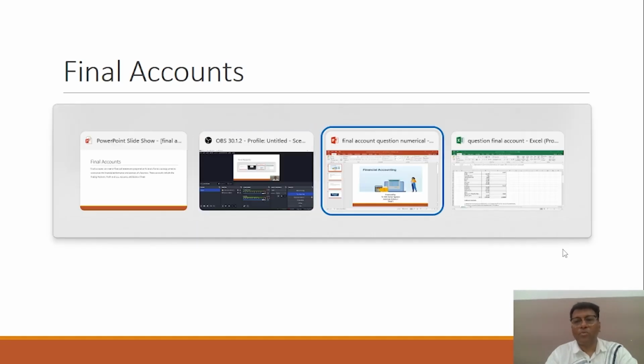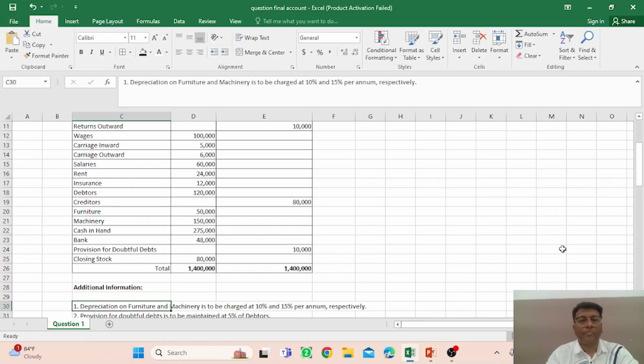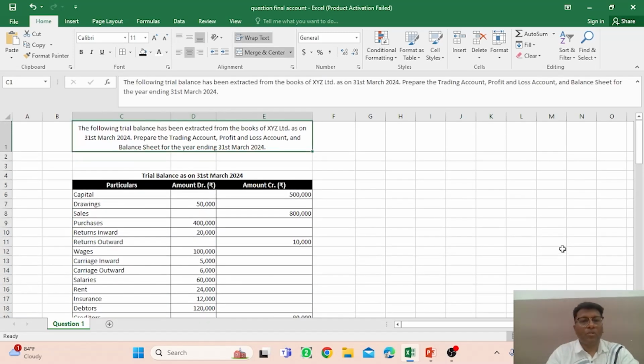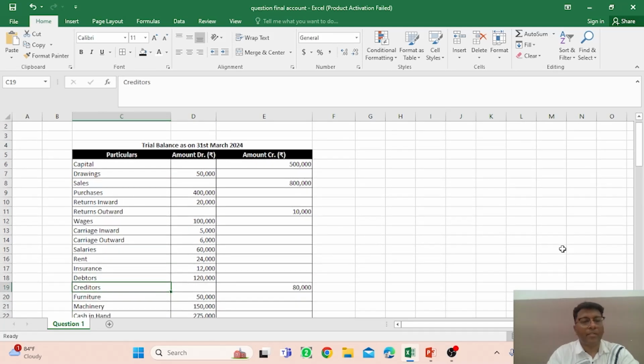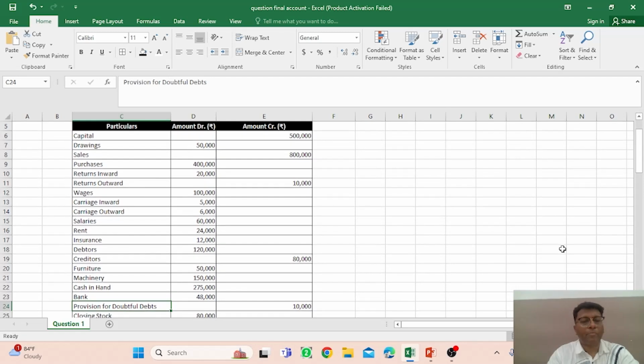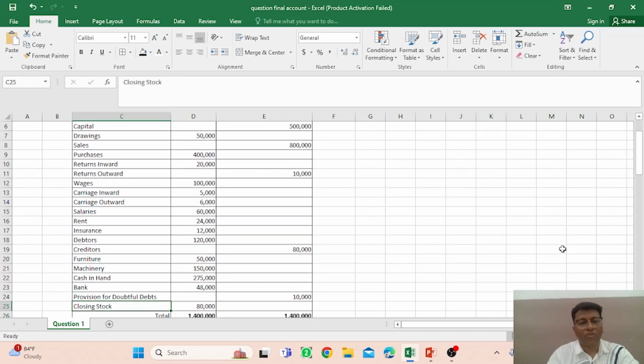So we come to solve the numerical question in Excel. This is the trial balance as on 31st March 2024, with these items, as you can read: capital, drawing, sales, purchases, returns inward, returns outward, wages, carriage inward, carriage outward, salaries, rent, insurance, debtors, creditors, furniture, machinery, cash in hand, bank balance, provision for doubtful debts, closing stock.